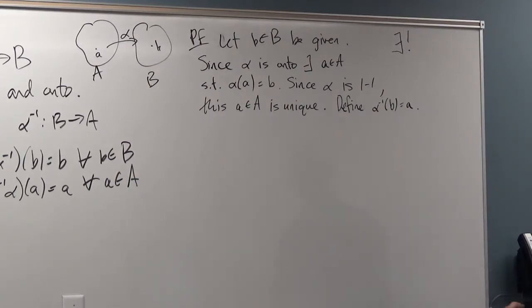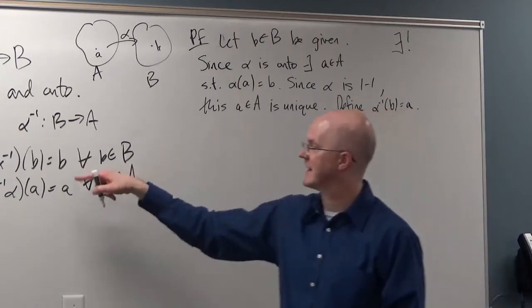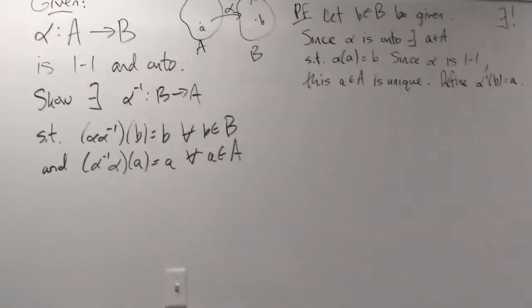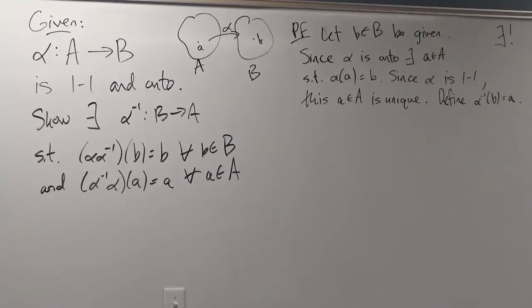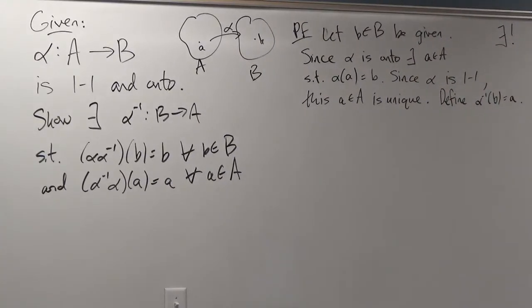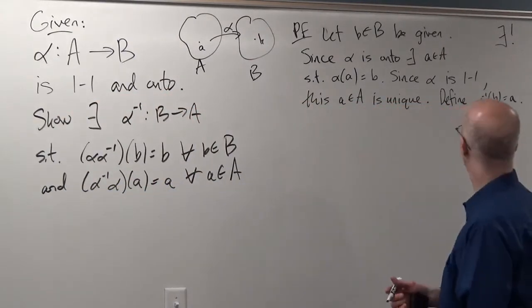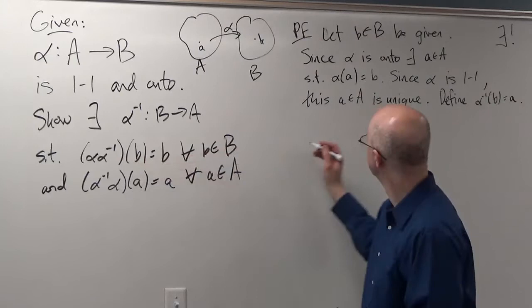Then you need to verify that these equations are satisfied. They are pretty obvious if you think about it, but I'd say at least one of them deserves a little explanation. Let's look at this one first.